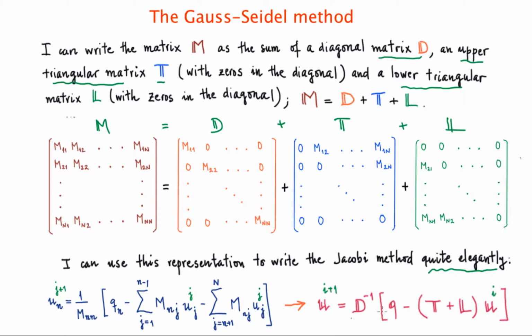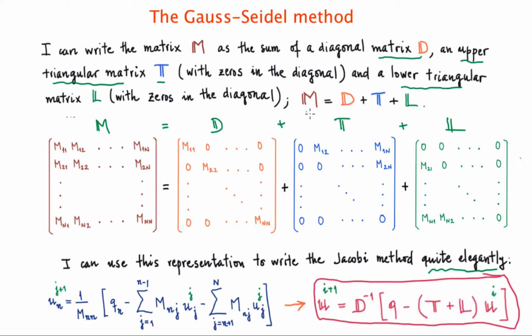Then you have this Q vector, minus the T matrix times U, and the L matrix times U. So we can write the Jacobi method in this way. And it can be useful to see the Jacobi method representation in terms of these matrices that we have just defined.